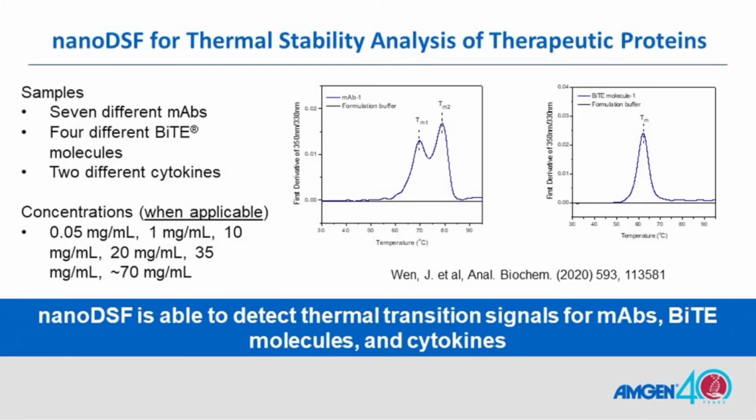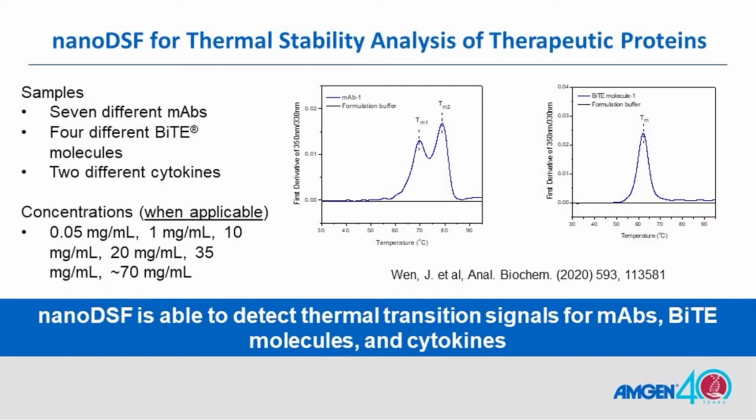To evaluate nanoDSF for thermostability analysis of therapeutic proteins, we selected 7 different mAbs, 4 different bispecific molecules, and 2 different cytokines under different concentrations. The left figure is a mAb. The right figure is a bispecific molecule. The black traces in the figures are the formulation buffers.